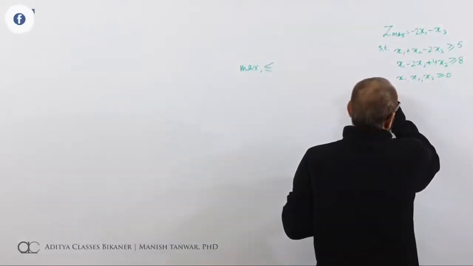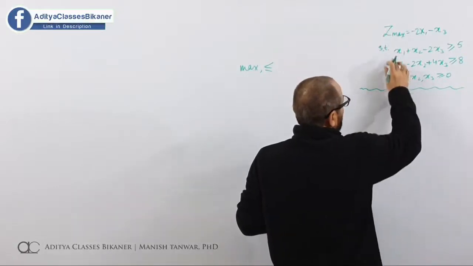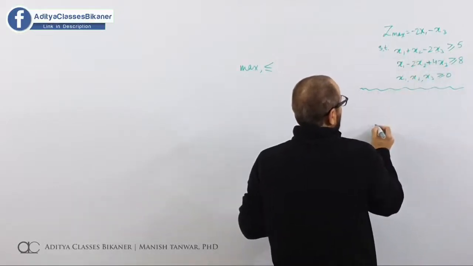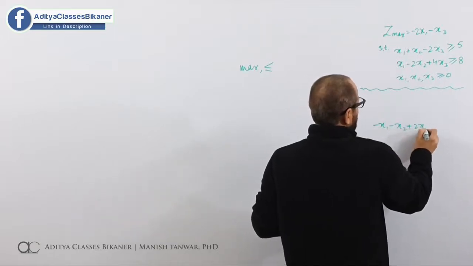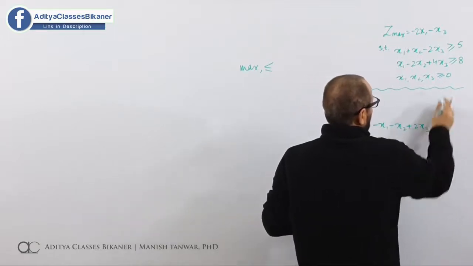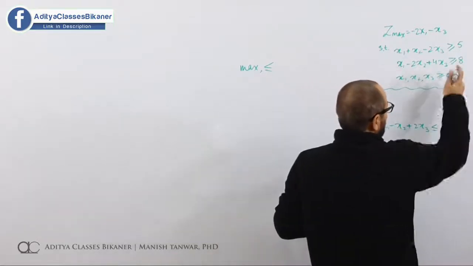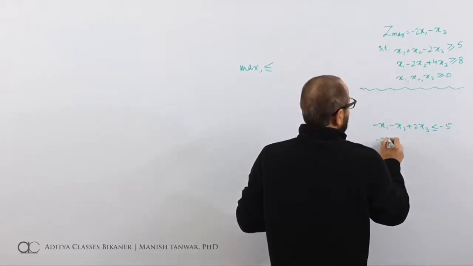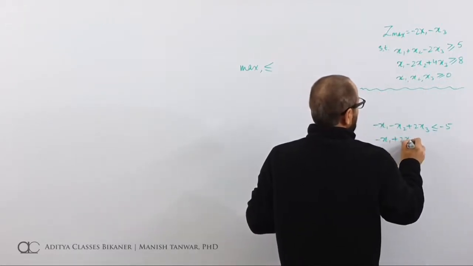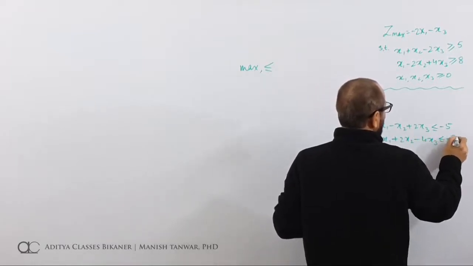So let me convert it. How do we convert it? I multiply this complete constraint by minus 1, making it minus x1 minus x2 plus 2x3 less than or equal to minus 5, because the sign also gets flipped when multiplied by minus 1. For the second constraint, I get minus x1 plus 2x2 minus 4x3 less than or equal to minus 8.